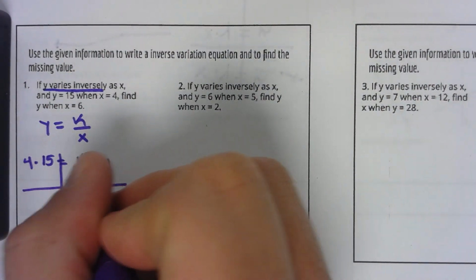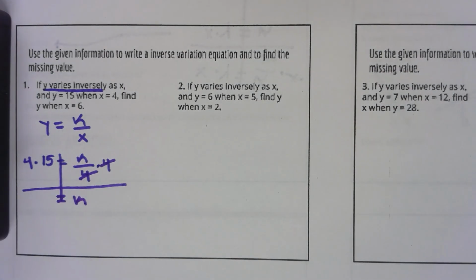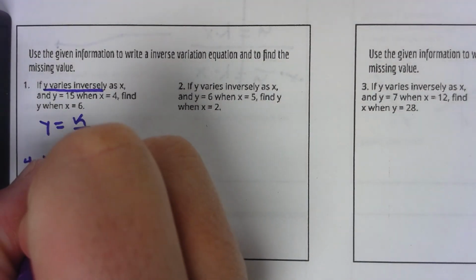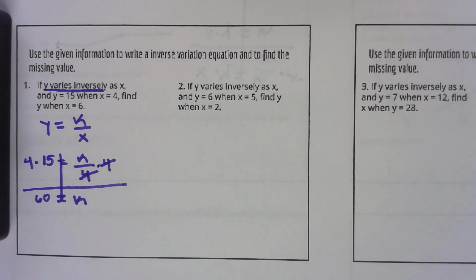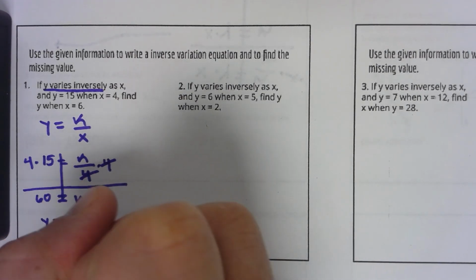So I get that constant of variation k is equal to 4 times 15, which is 60. Then my equation, and every equation we write needs to have a y and an x, is going to involve this constant k. So the equation is y equals 60 divided by x.